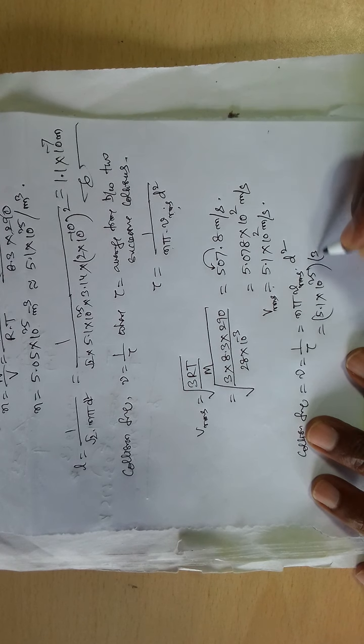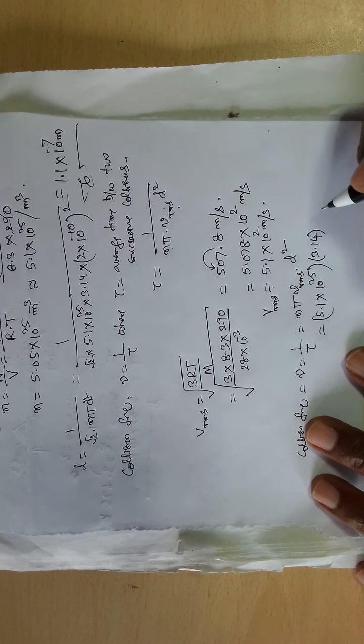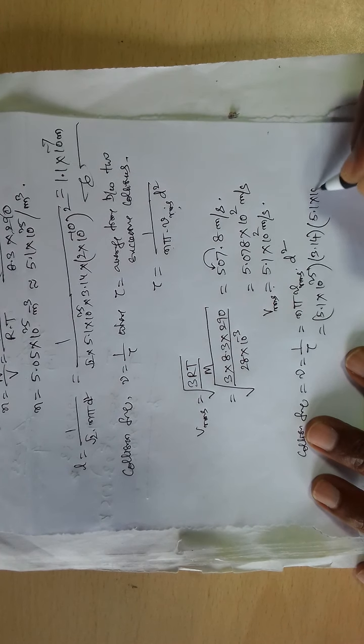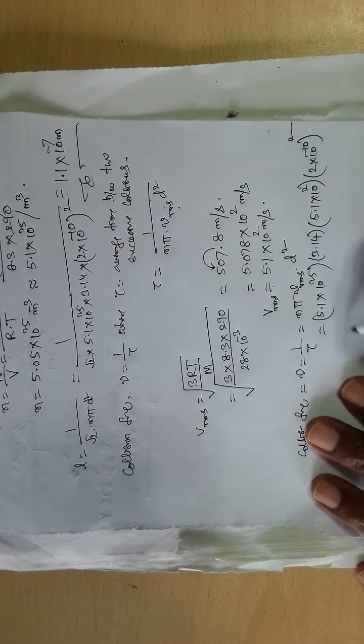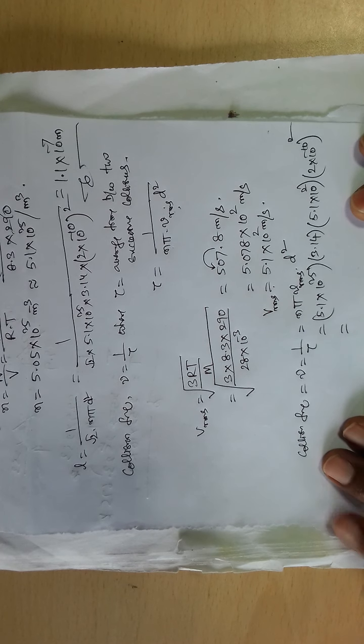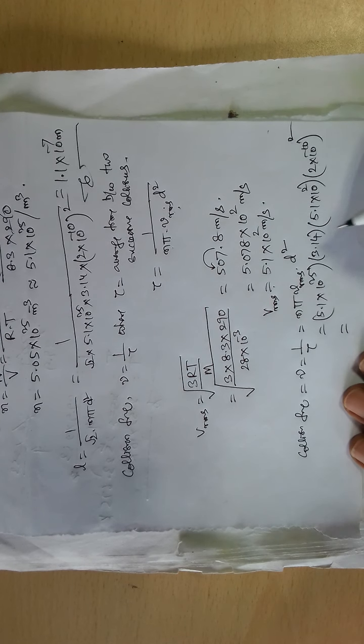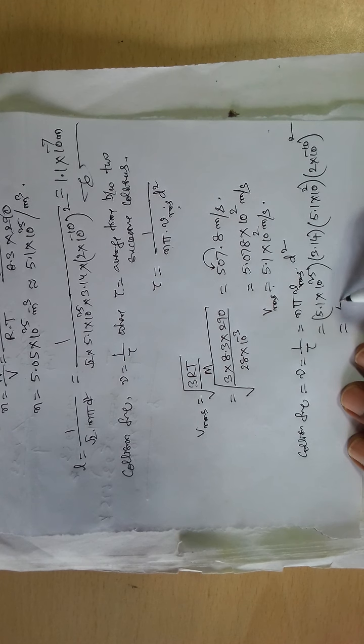Pi means 3.14. And Vrms 5.1 into 10 square. D value 2 angstroms, 2 into 10 power minus 10 whole square. So we get collision frequency 4.636 into 10 power 9 second inverse.